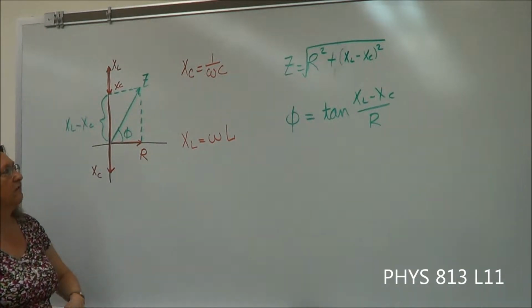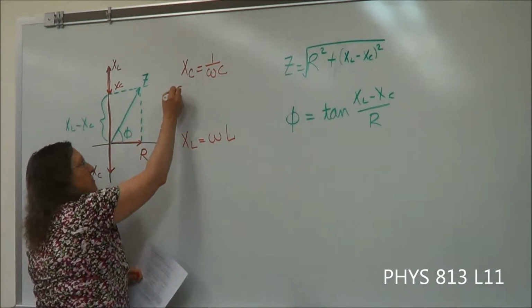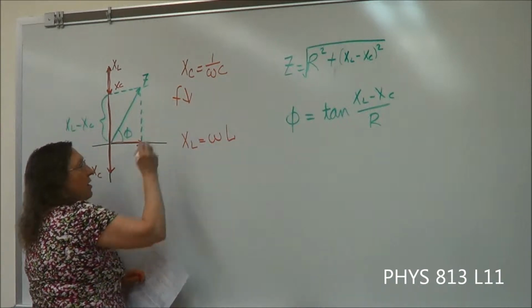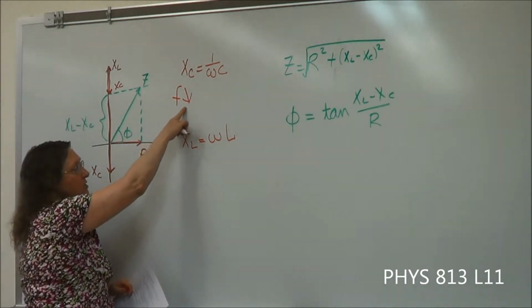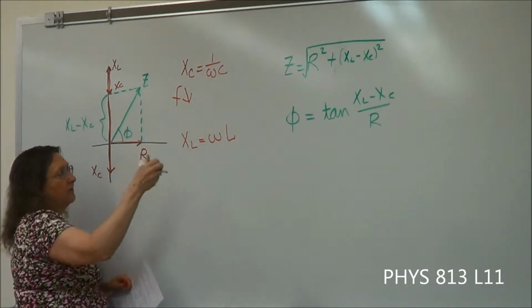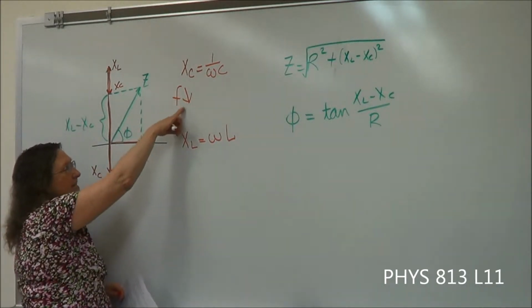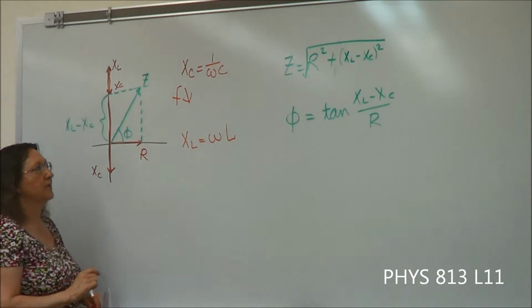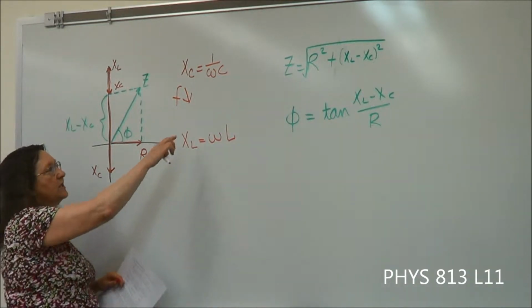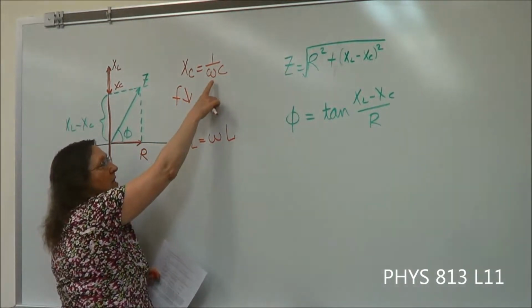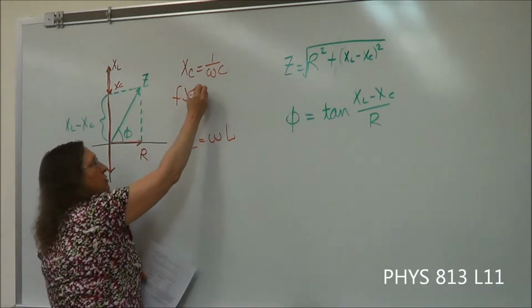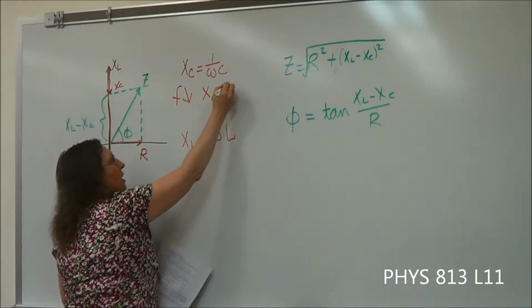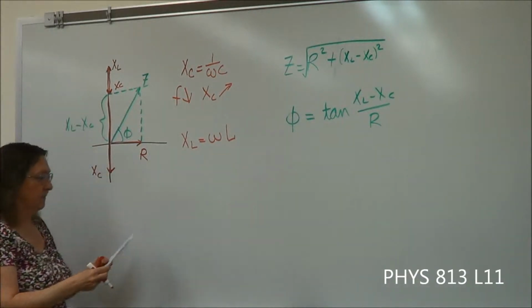So if the frequency decreases, and a lot of times instead of using words, I like to use arrows or symbols so that I don't have to write so much. A slanted arrow down means decrease. If the frequency decreases, then a smaller number in the denominator means a larger overall number, so our reactance for the capacitor will increase.